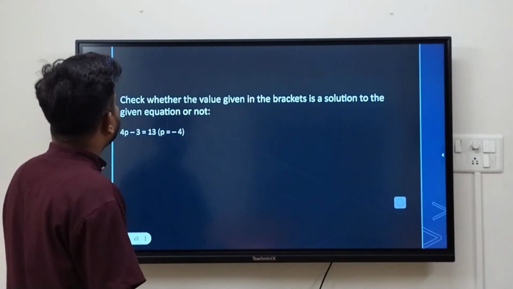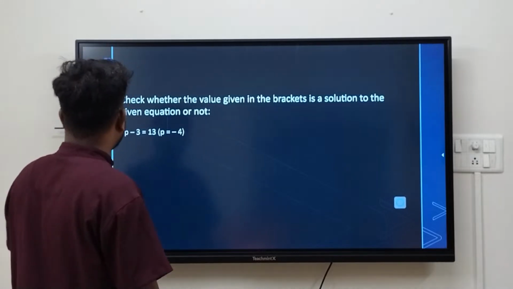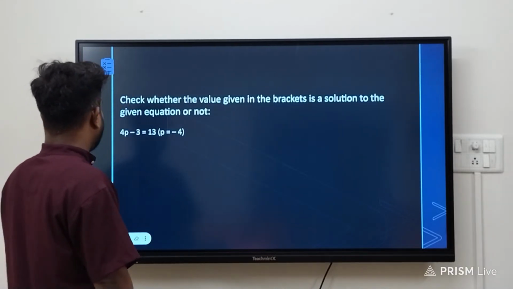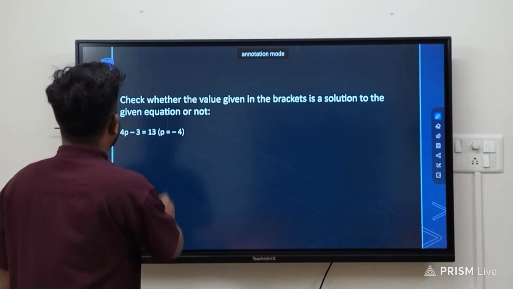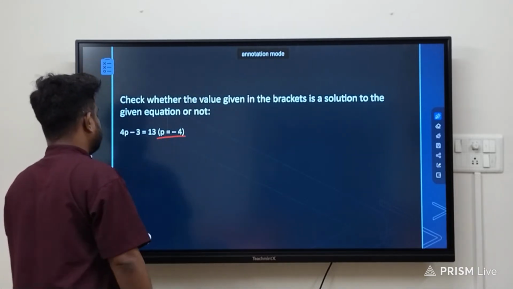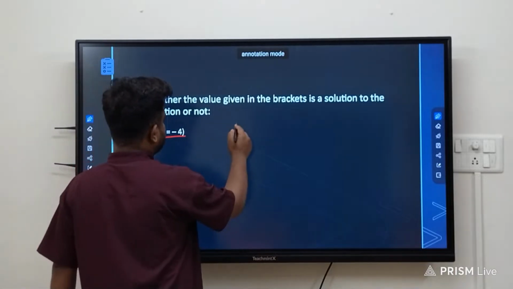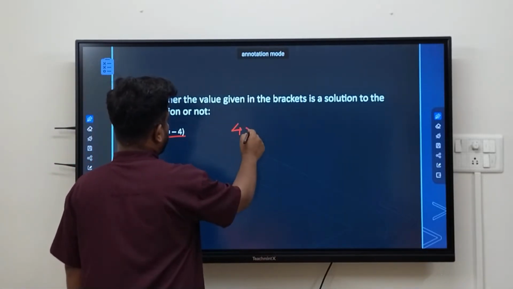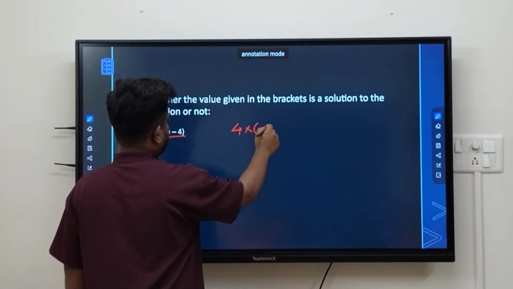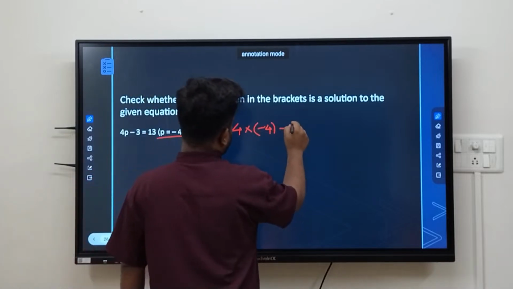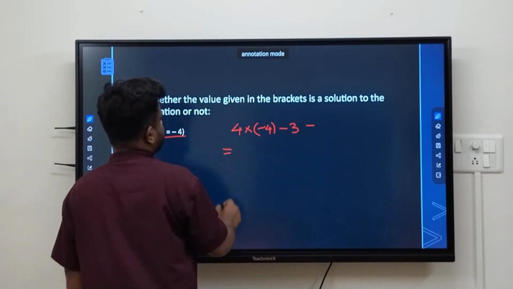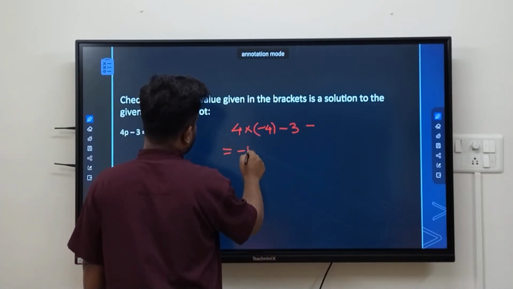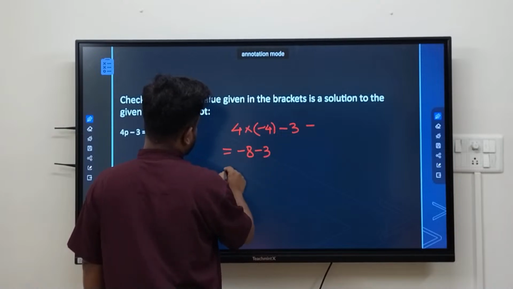Check whether the value given in the brackets is a solution to the given equation. So we have an equation here and they have told us that p's value will be minus 4. So let's check whether this value is authentic or not. Just write the equation like this. 4 into minus 4 will be minus 8, and then minus 3.